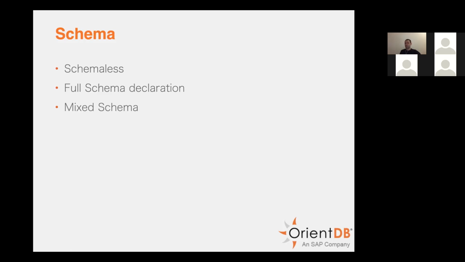We wanted something that was more close to the development part, to the application side. So we decided to add yet another concept to the data structure, that is object-oriented information. So in OrientDB, you don't have tables, you have classes. And you have classes with the same concepts you have in the programming language.